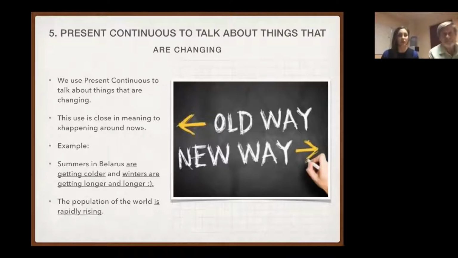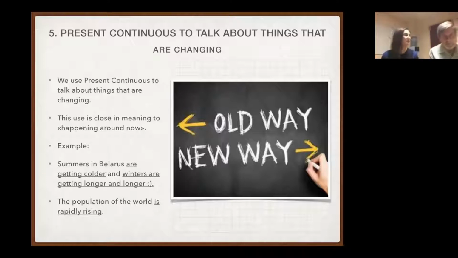This meaning is very close to around now and is used to talk about tendencies. The reason why it's put separately sometimes is that it's mainly used to talk about changes, not about your personal life, but about people in general, countries, the society, climate, some more general things.